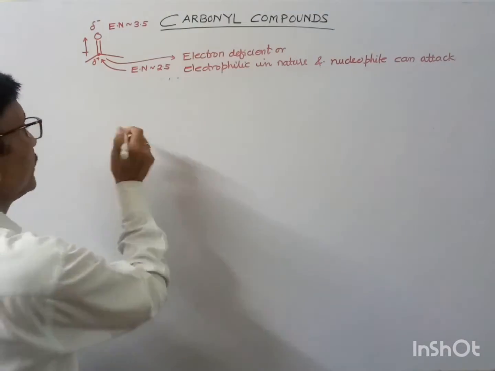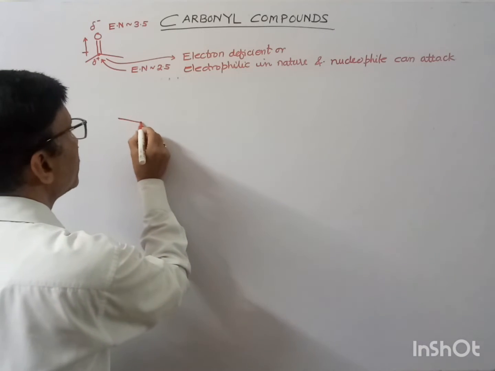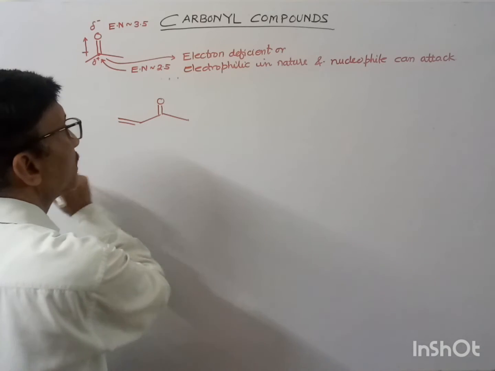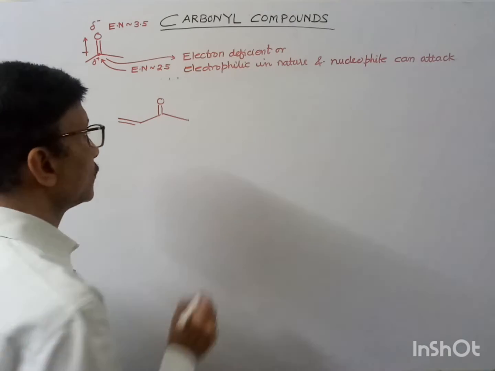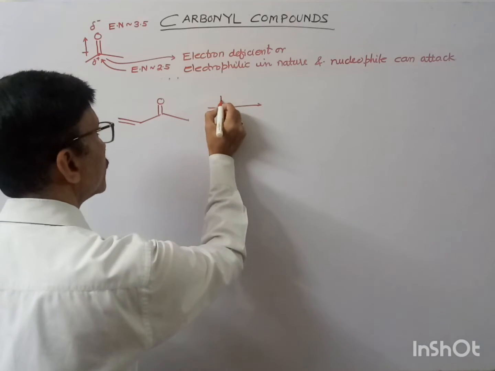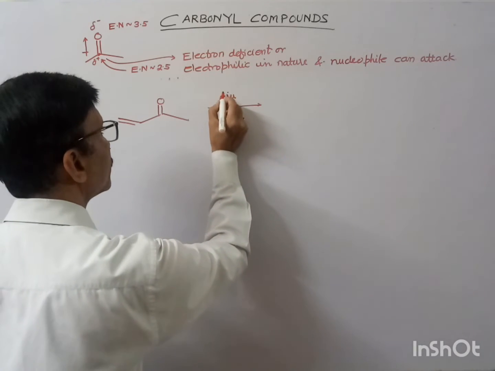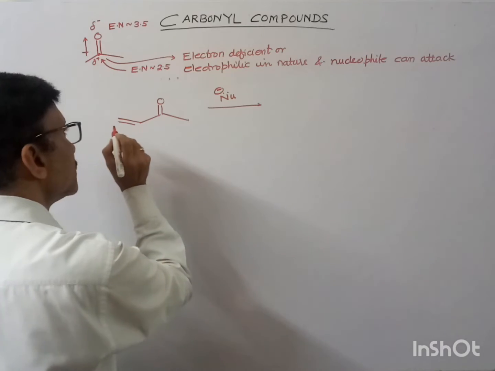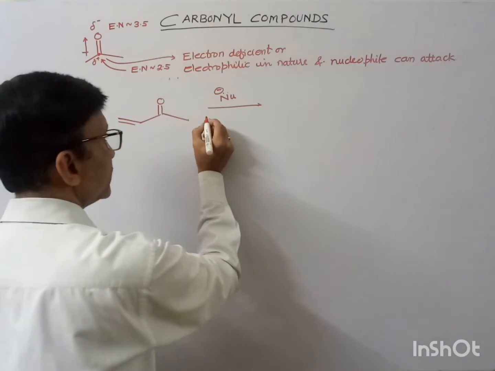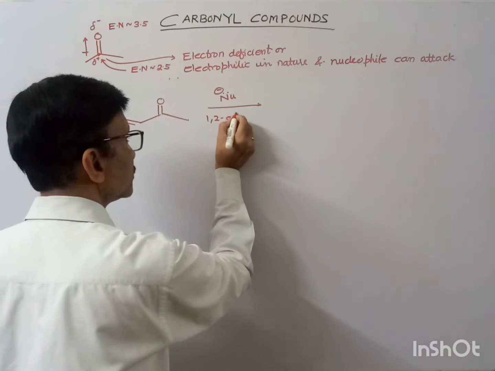Now suppose we have an alpha beta unsaturated carbonyl compound. Here, in the presence of a nucleophile, what type of reaction will take place? One thing I have told you: usually 1,2 addition takes place. In this case, 1,2 addition.